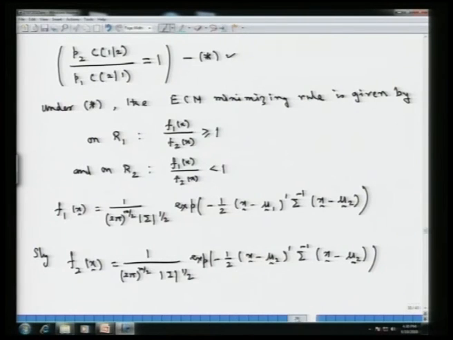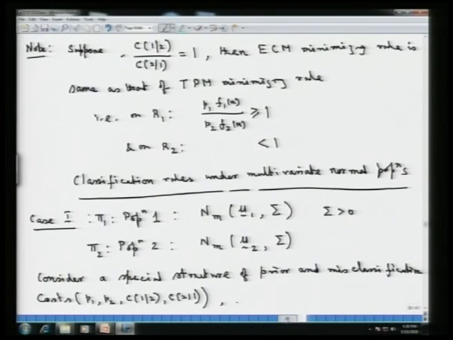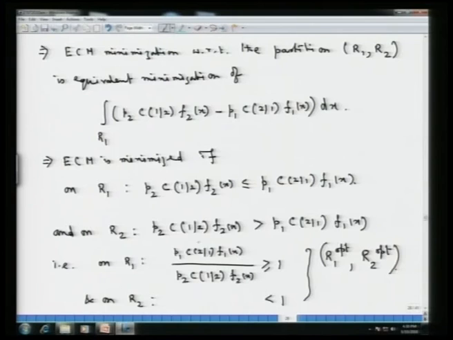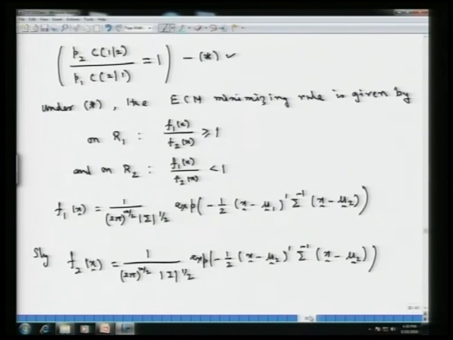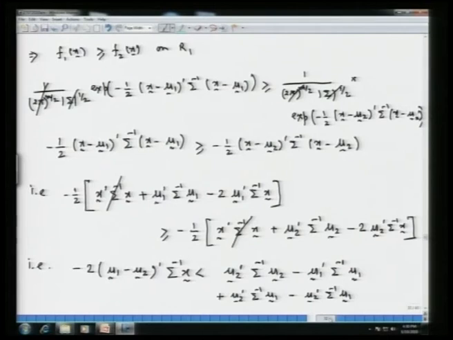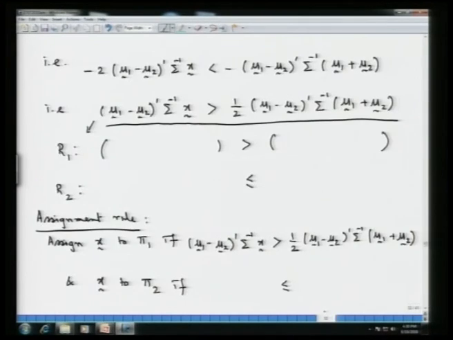So, if you look back further, the ECM minimizing rule under the general setup is this particular term here. So, we will be able to write this ratio f1(x) by f2(x) to be greater than or equal to P2 times C(1|2) divided by P1 times C(2|1). But we have already computed that particular ratio f1(x) by f2(x), which we have reduced in terms of the Fisher linear discriminant function in this form.